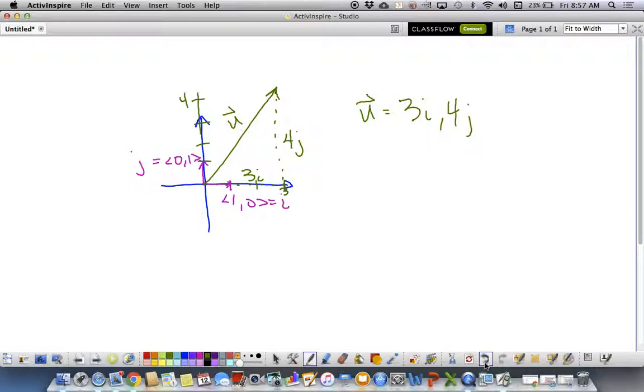They do a plus sign. So instead of the comma, if you have a vector U that has components of 3, 4, you can also say it is 3I plus 4J.